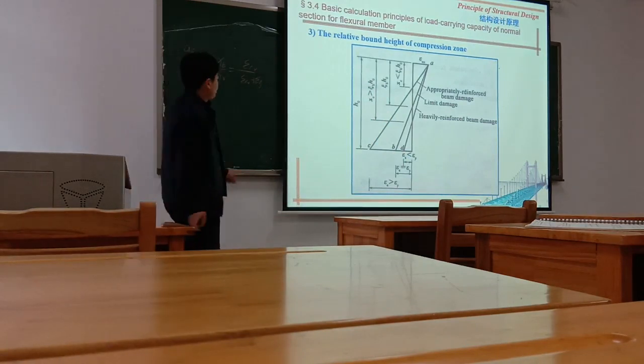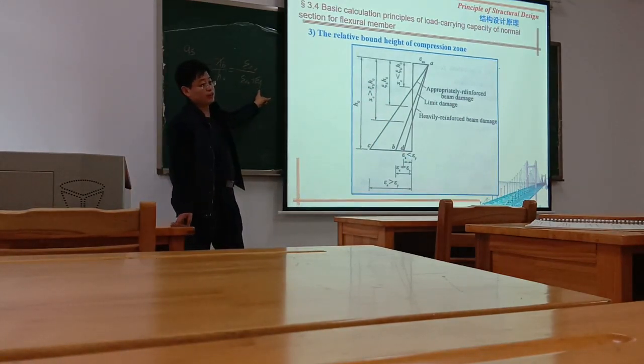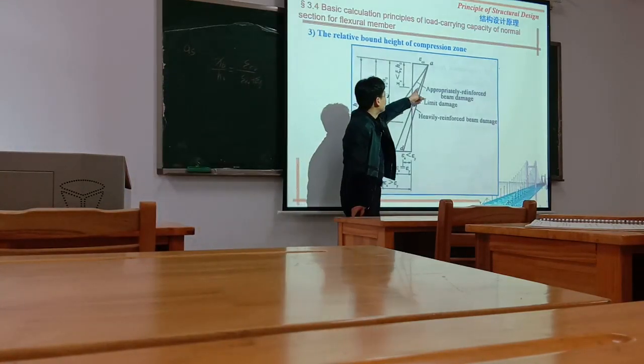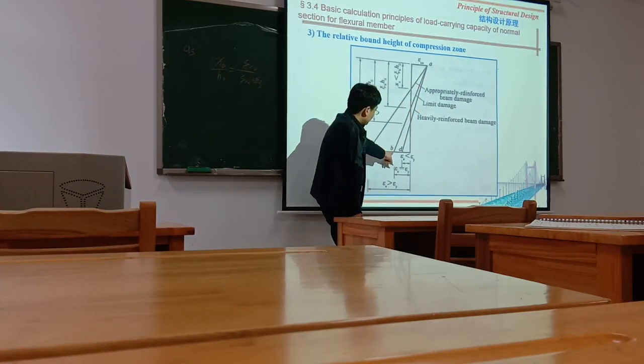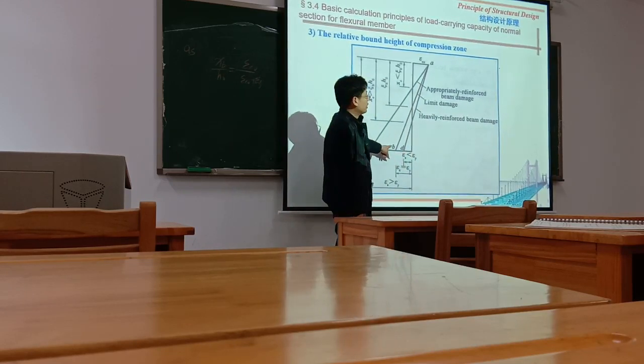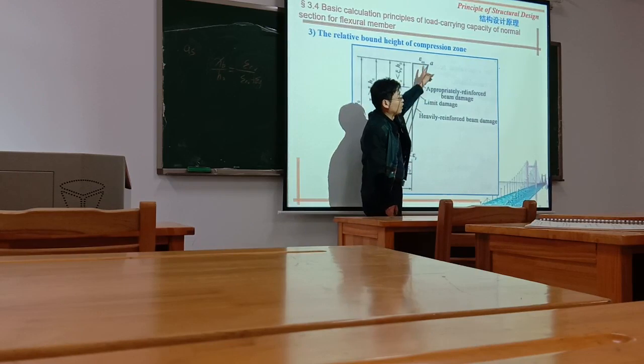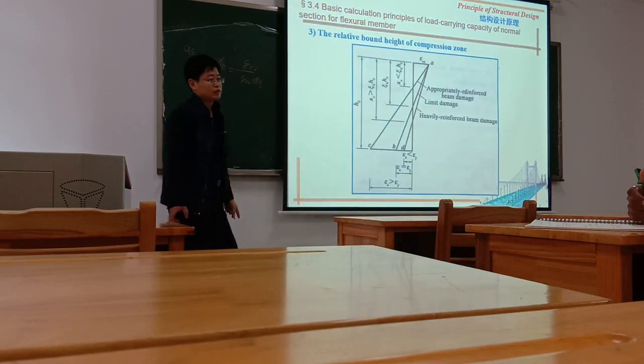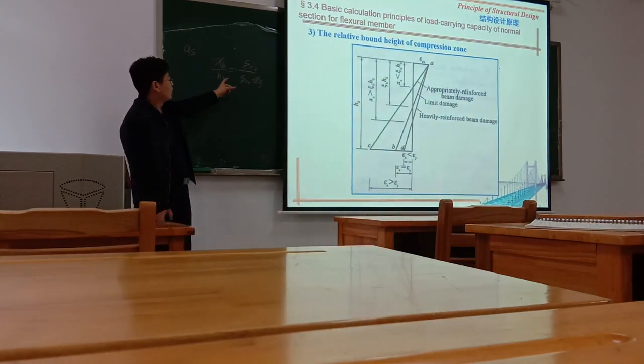Epsilon y, what does it mean? The yield strain, the yield strength of the reinforcement. Because for this boundary condition, the reinforcement reaches the yield strength, and the concrete reaches the ultimate strength. So we got this.